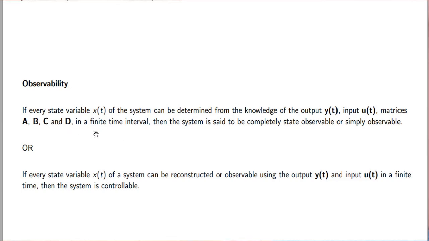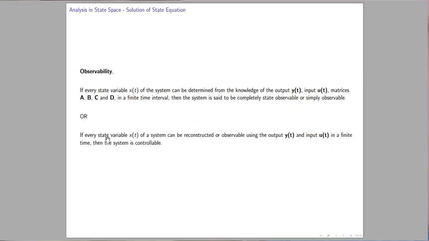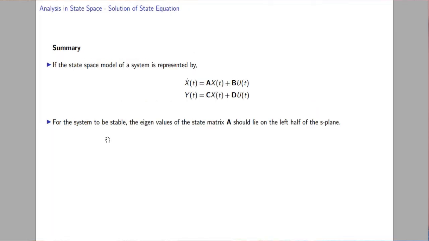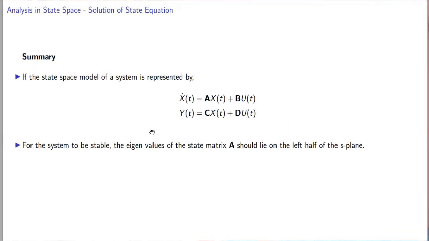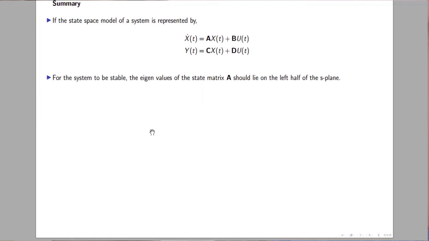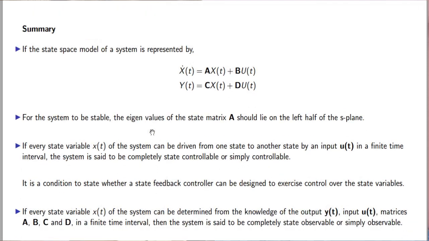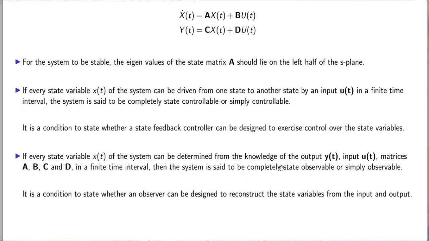In today's lecture, we understood stability analysis, controllability, and observability. Stability can be assessed through the eigenvalues of the state matrix. Controllability is the condition of whether a controller can be designed to exercise control over all the state variables. Observability is the condition of whether I can design an observer to reconstruct all the state variables from the knowledge of input and output.